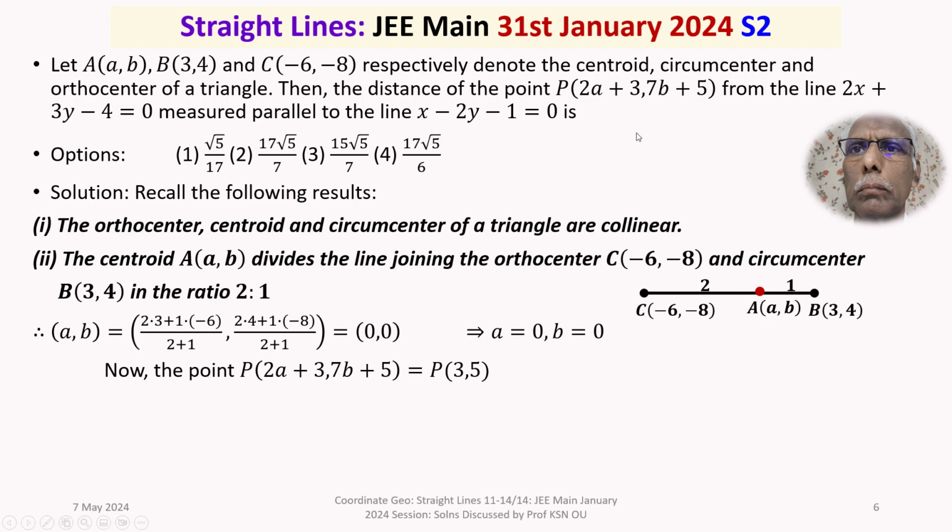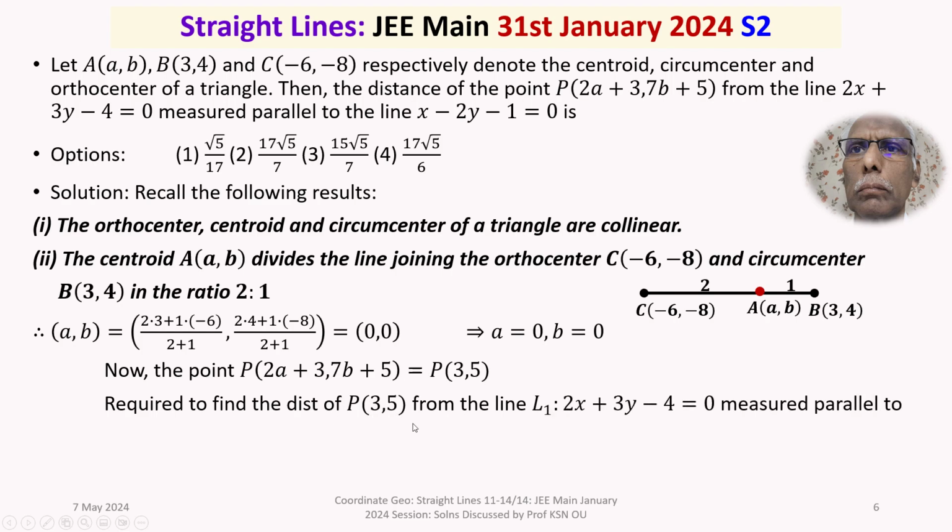Now, we are required to find the distance of this point P (3, 5) from the line L1, 2x + 3y - 4 = 0, measured parallel to the line L2, x - 2y - 1 = 0. So the problem reduced to this one.